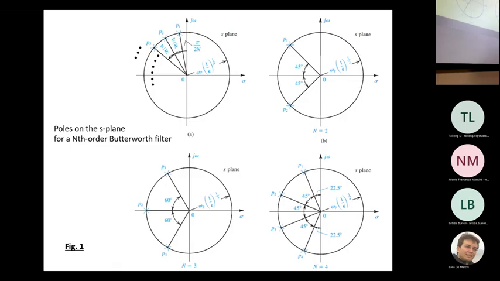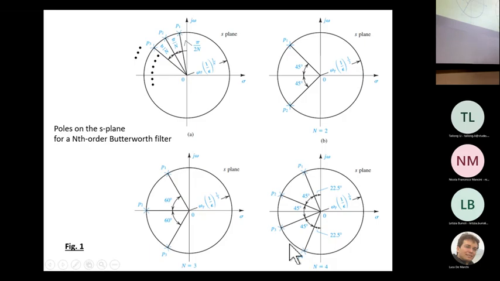Once you have this information, you can extend it to higher order filters. This is the case for the order equal to 3. When the order of the filter is equal to 4, you will have this arrangement.